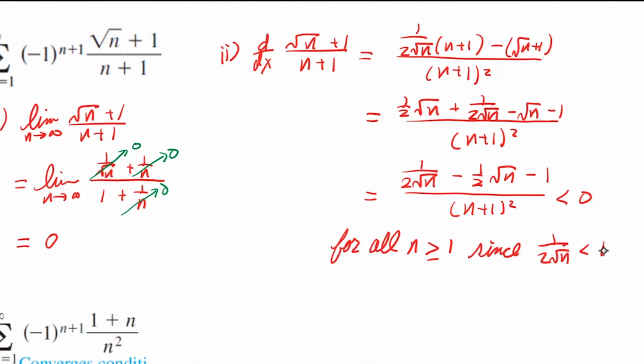If this is true, then comparing this thingy with that thingy, this is negative, this is always negative, so the whole thing is negative. You know what I'm saying? So this passes the alternating series test. So we can say the series is convergent. Good? Questions?